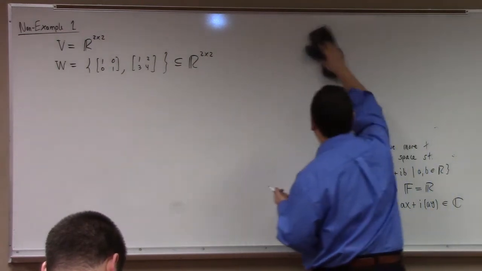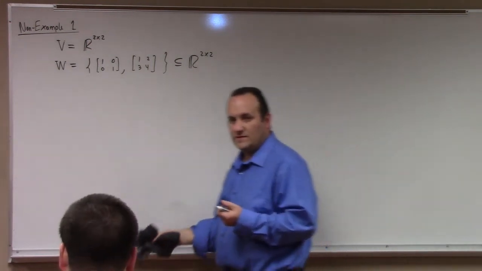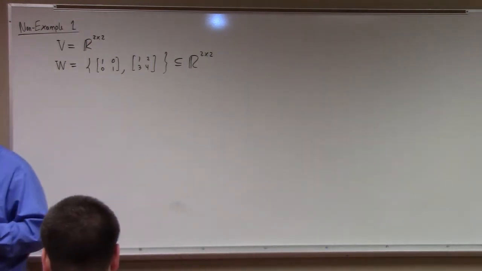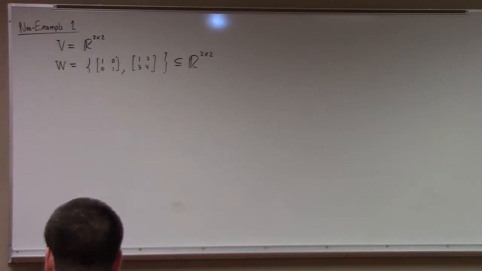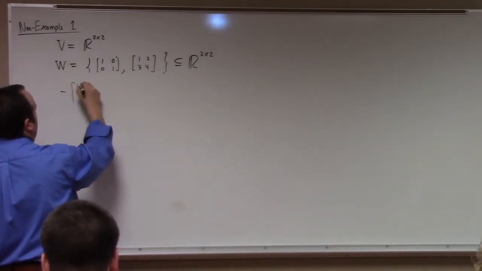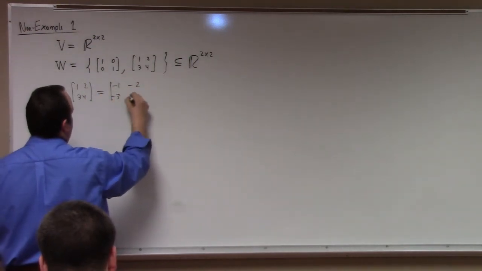That's right. So to disprove something being a subspace, since the definition is what? A subspace is a vector space in its own right with respect to the ambient operations that are there. So if it fails any one of the axioms, game over. And that's one of the reasons that you need to have the definition memorized. The numbering doesn't matter, but you do need to have those things. So minus 1 times 1, 2, 3, 4 is equal to minus 1, minus 2, minus 3, minus 4.